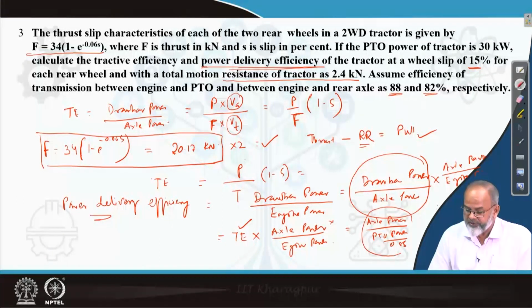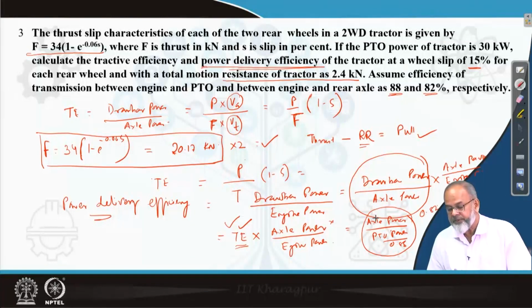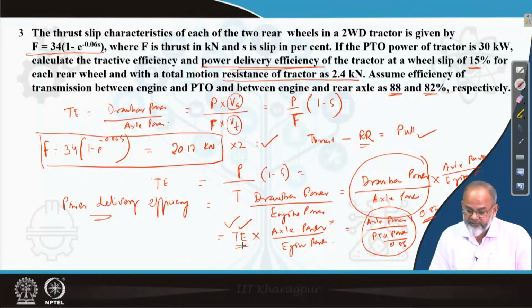So, this ratio now becomes 0.82. It is a product of tractive efficiency which I have calculated, and axle power by engine power which I have converted into PTO power by 0.88. So, tractive efficiency into that 0.82 will give you the power delivery efficiency. If you want to express in percentage, multiply with 100, that will give you directly the percentage.